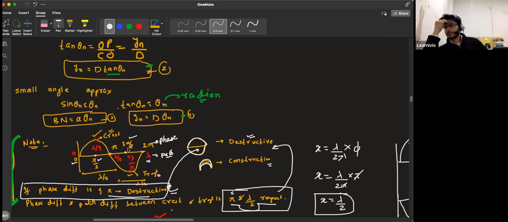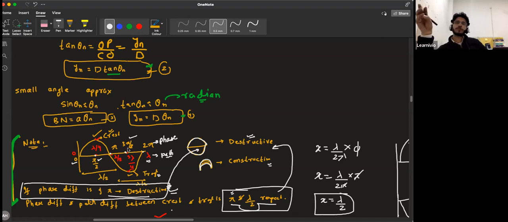To explain some conceptual questions, this concept should be very clear. Although you have derived this in interference, you have derived that for a bright fringe, your path difference should be n lambda, and for a dark one, your path difference should be (2n plus 1) lambda by 2. Just write two statements.